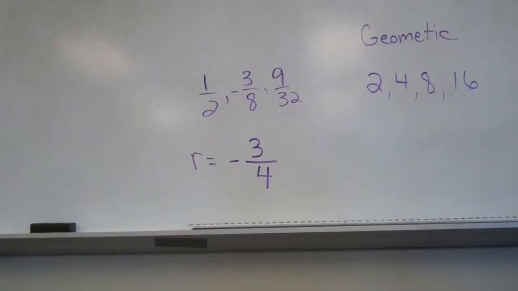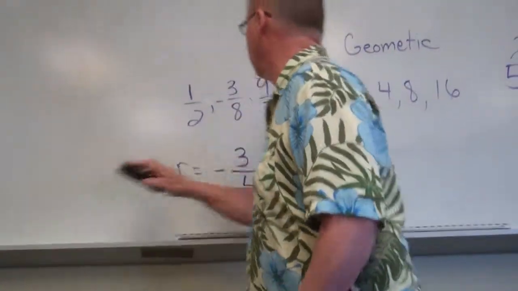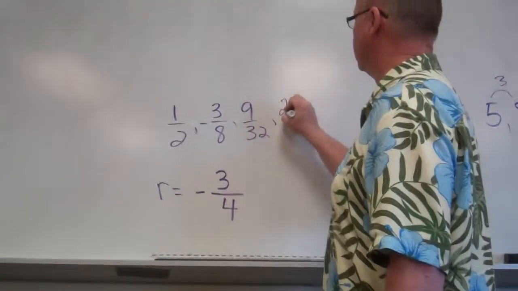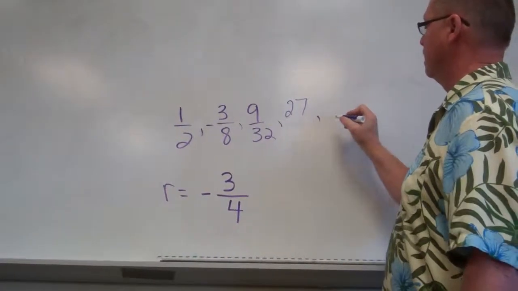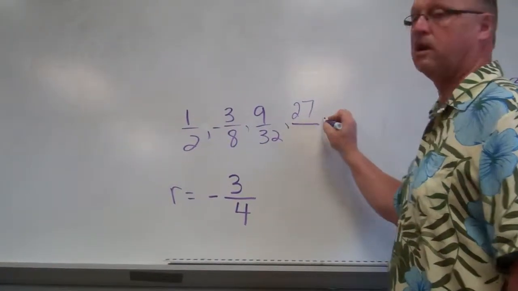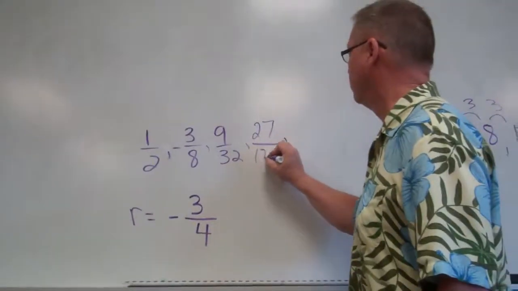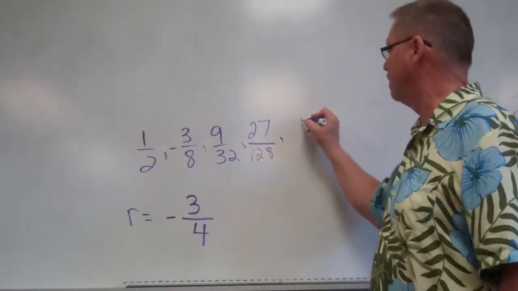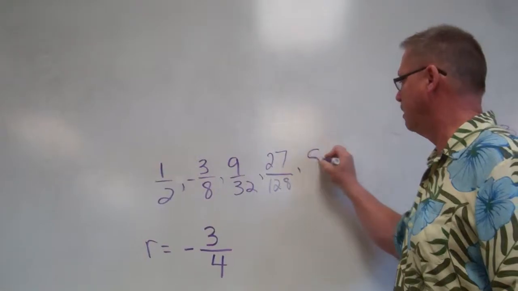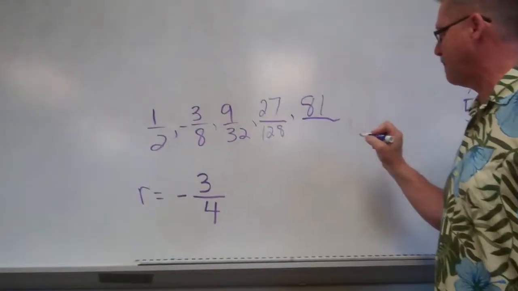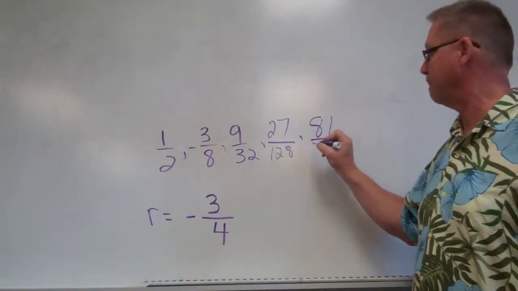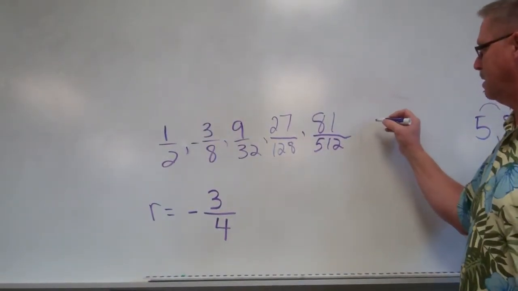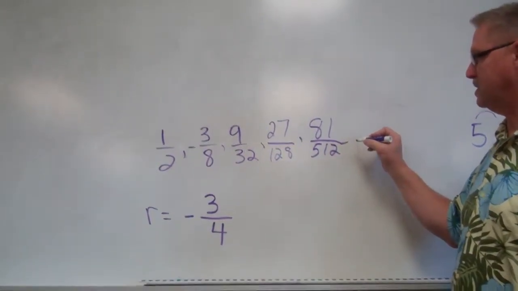Gonna help him with that, Billy? It's going to be 27 over 128. This is getting out of hand. And it's going to be 81 over 512. Do we have to put some negatives in? Yeah.